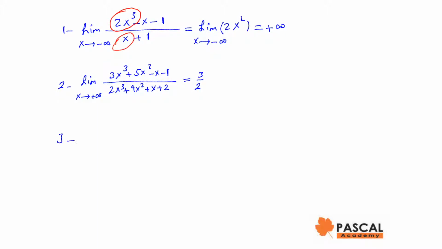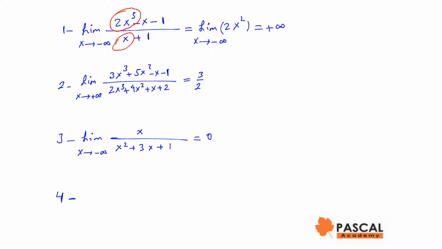Question number 3. Limit of x over x^2 plus 3x plus 1 as x approaches negative infinity. The degree of the denominator is more than the degree of the numerator, therefore the limit is 0.